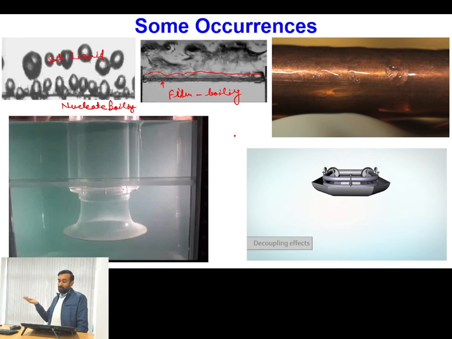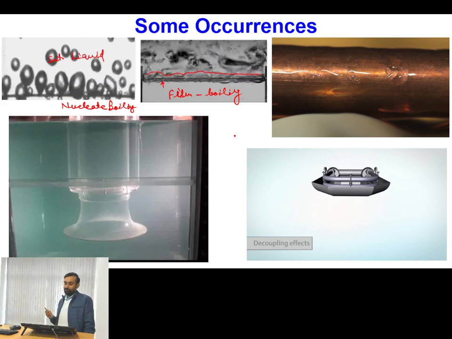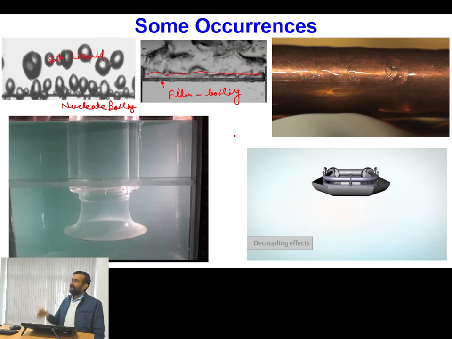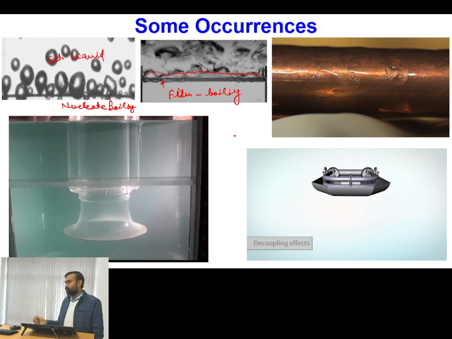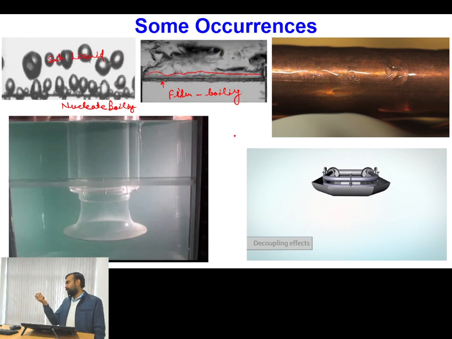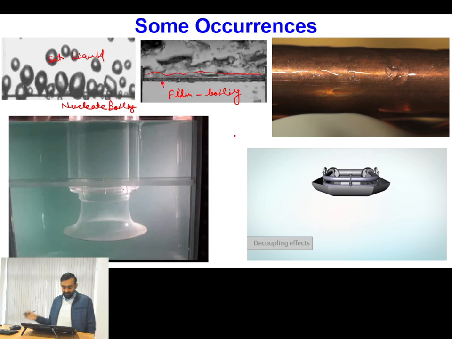So our attempt is always to achieve the drop-wise condensation, and in order to achieve drop-wise condensation, typically we do some sort of super hydrophobic coatings on the surface, so that immediately whatever water droplet is forming, that should leave the surface. Okay.